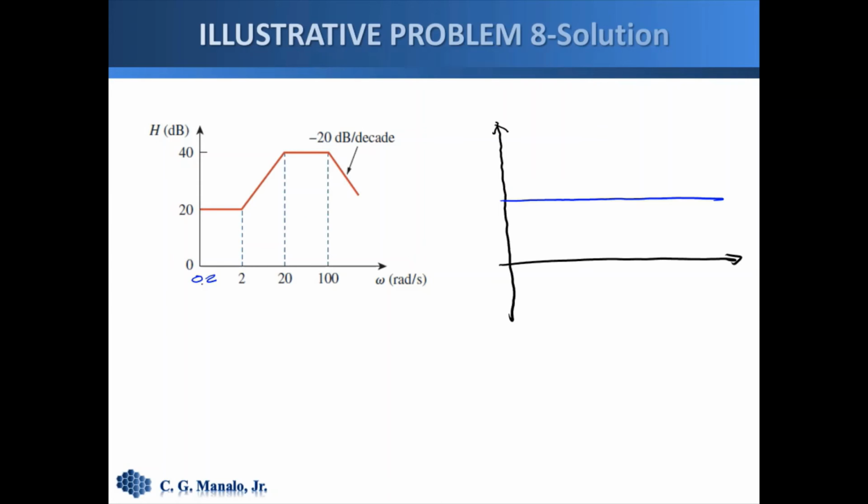This is 20 dB, and that would mean that there will be a constant gain, let's call it A, such that 20 is 20 log of A. So we'll get A equals 10.